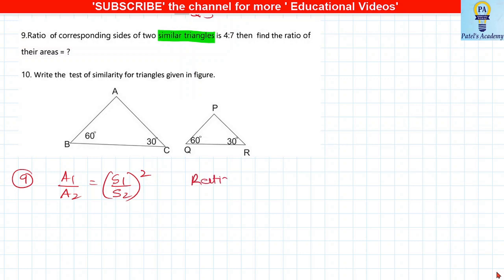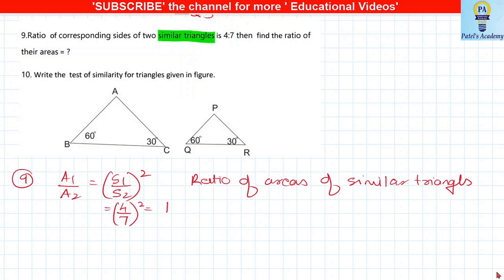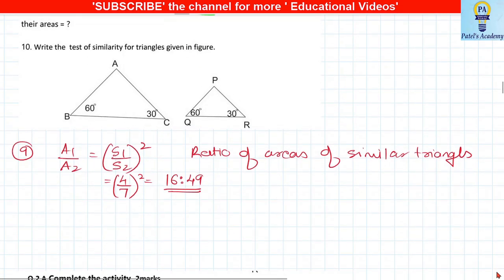Reason, ratio of areas of similar triangles, and here they have given the ratio of the sides, so that is (4 upon 7) whole square, so you just square. 16:49 is the answer. Okay, yes, 16:49. Let's see the 10th one.